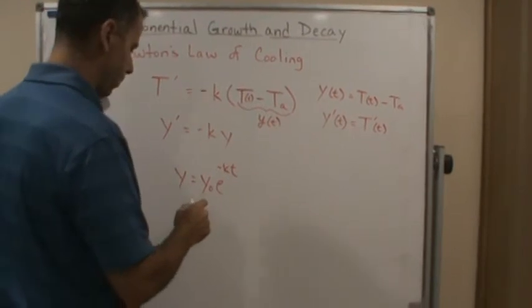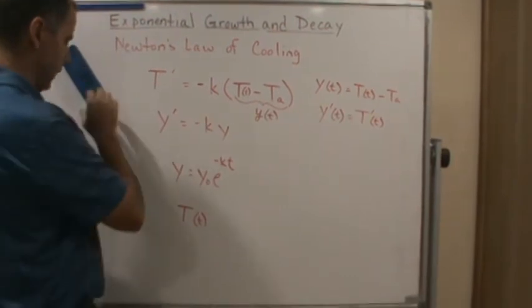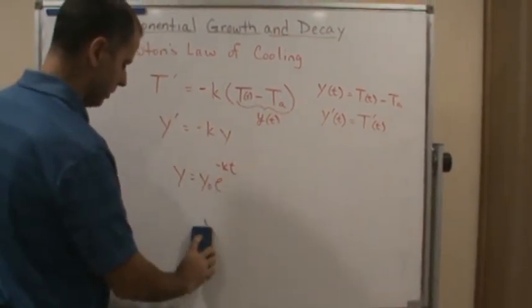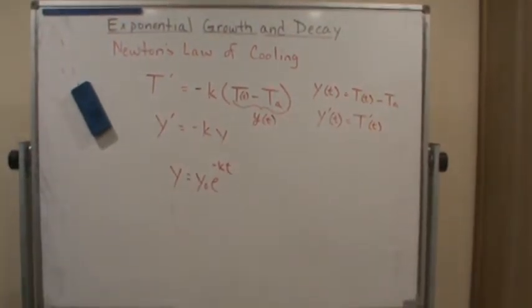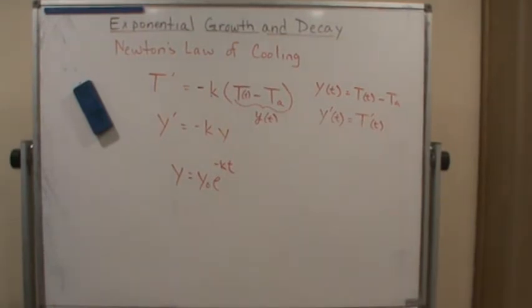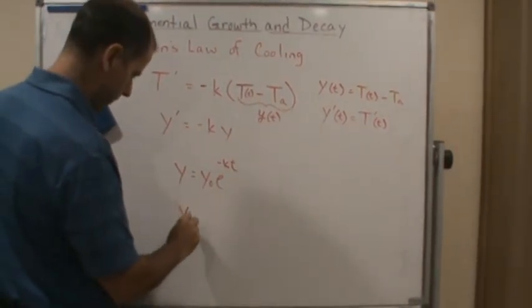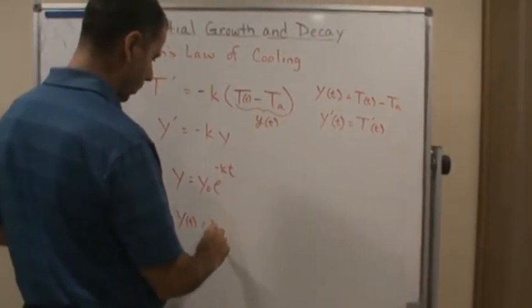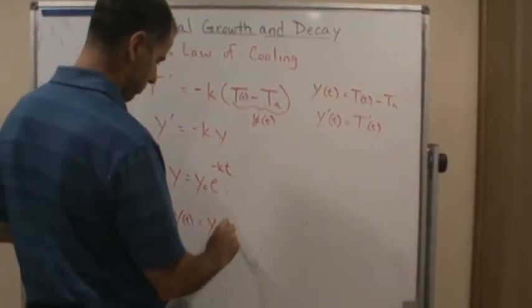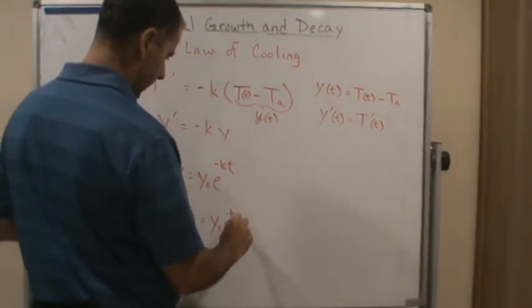So this is going to end up being what? Y of t, right? So this will be y of t equals y naught e to the negative kt.